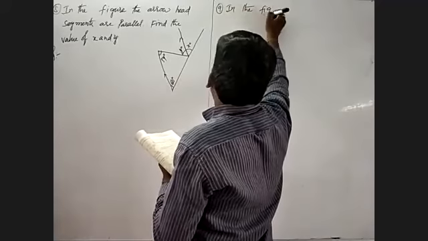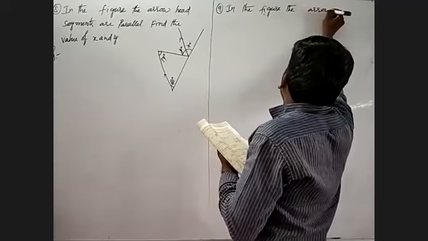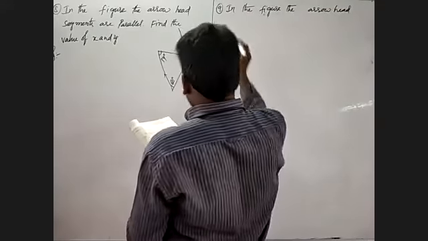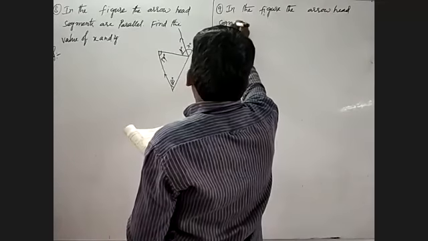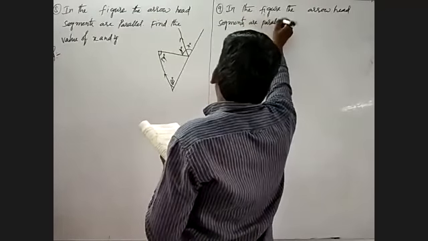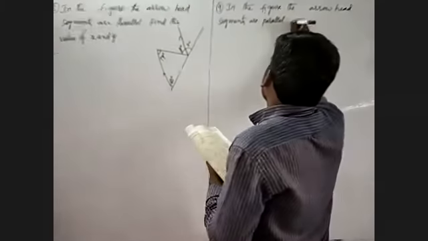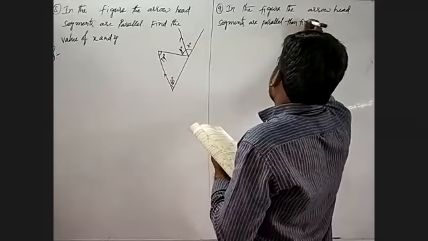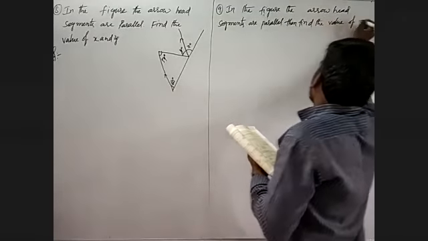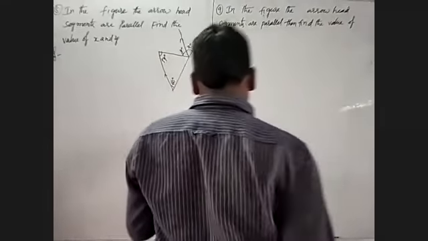Now I am going to the 9th one. In the figure, the arrowhead segments are parallel. Then find the value of x and y.